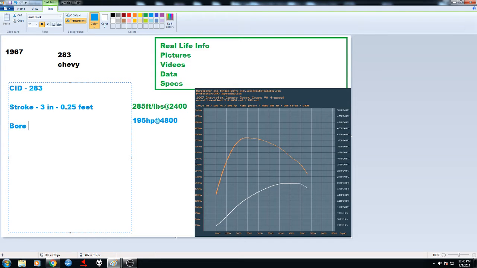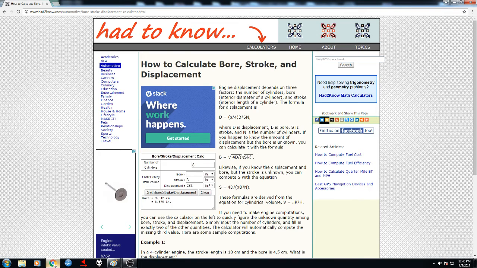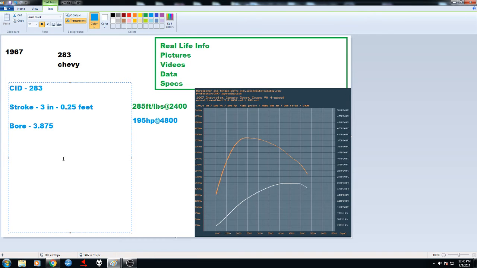Our bore is 3.875. Make sure that's correct. Our radius is half of that. I already have it calculated, and that comes up to 1.9375. That's in inches. Bore and radius. Radius is half the bore.